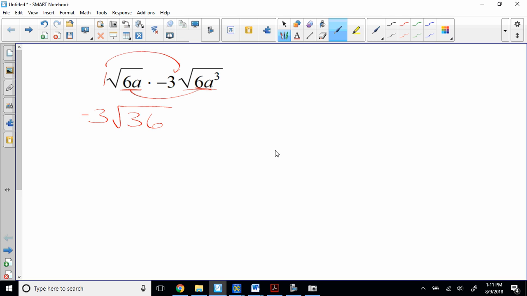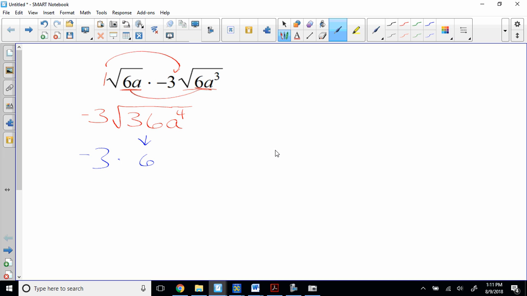I have an a times a cubed, which gives me a to the what? Okay, ladies and gentlemen, after I've multiplied it, what do I consider? Simplification. Okay, can I simplify 36? Why? It's a perfect square. So that's automatically going to come down to just 6, right?